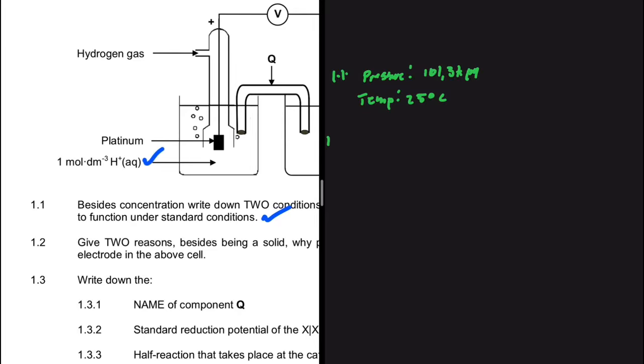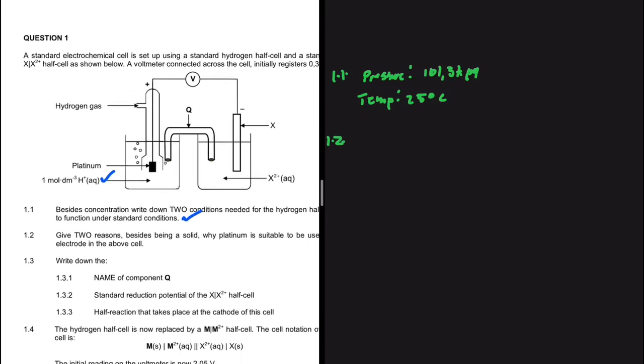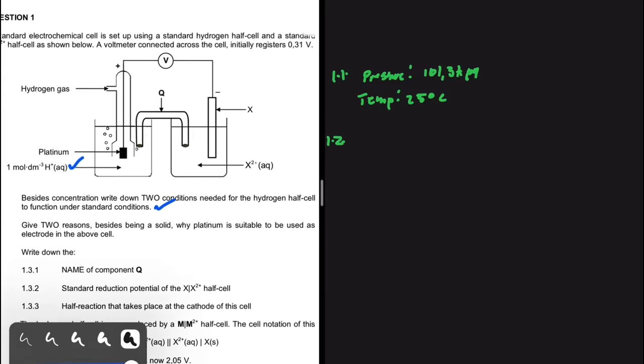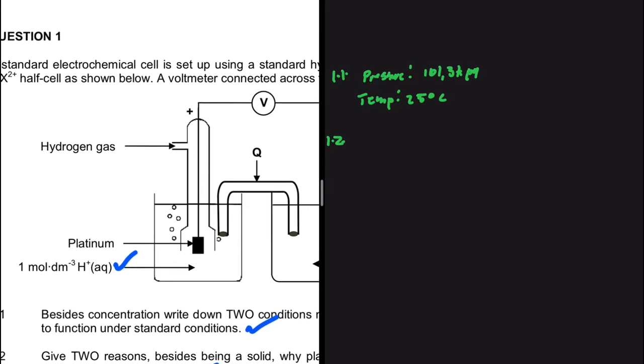Let's go ahead and take a look at 1.2. Give 2 reasons, besides being a solid, why platinum is suitable to be used as an electrode in the above cell. As you can see here, where there is hydrogen gas, platinum is used as an electrode. Let's talk about why that is so.